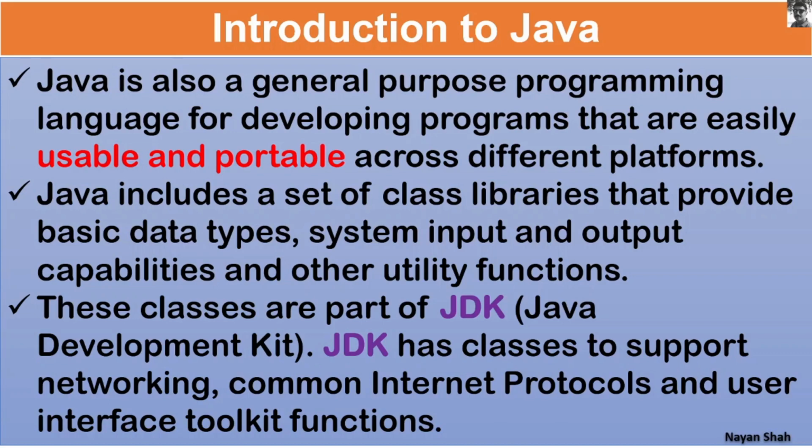These classes are part of JDK, that is Java Development Kit. When we install Java, we install JDK, and that kit contains all these things. There are other things that the Java Development Kit contains: classes to support networking, common internet protocols, and user interface toolkit functions. All these are used for advanced programming while using Java language.